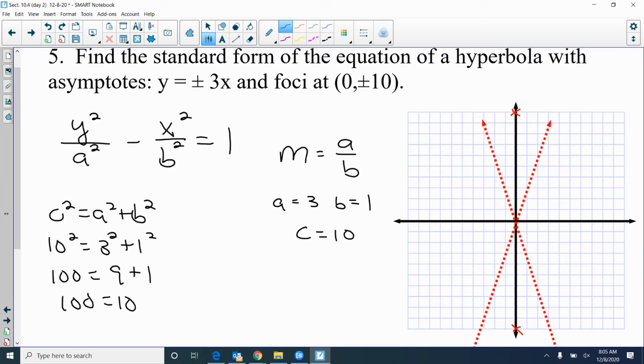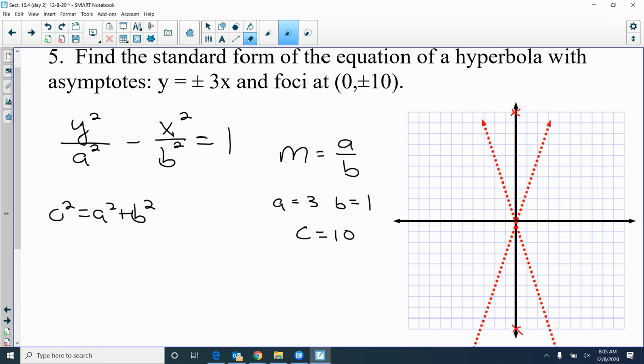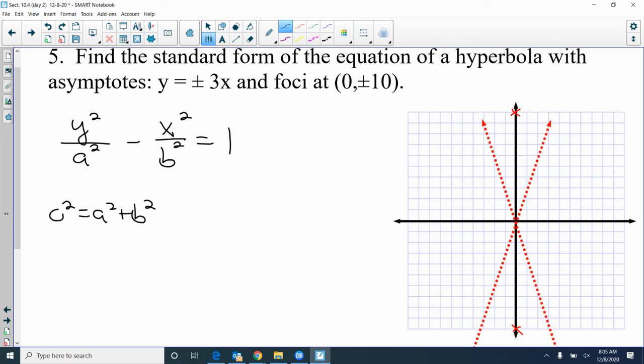All right, so here's what we have to do. We have to figure this out. M does equal 3. The slope does equal plus or minus 3, or we'll just use 3.